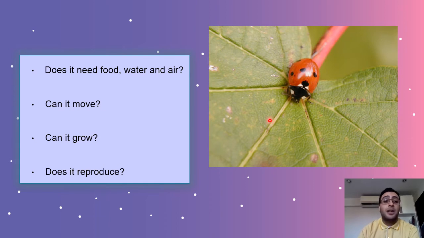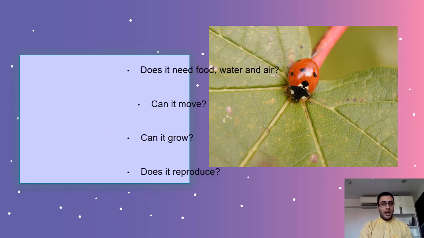Also, the plant can move. Can it grow? Yes. Even though it grows to a small size, it can still grow. Because at the beginning, it's super, super tiny. And then it grows, and then it becomes a beautiful ladybug. Does it reproduce? Does it have babies? Yes, it does. So, it is a living thing.